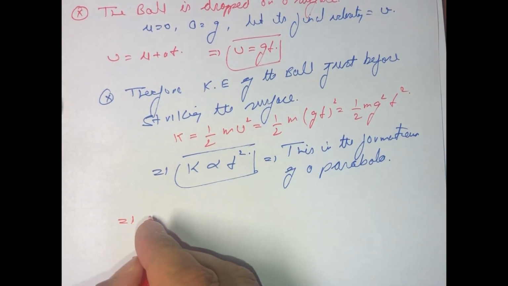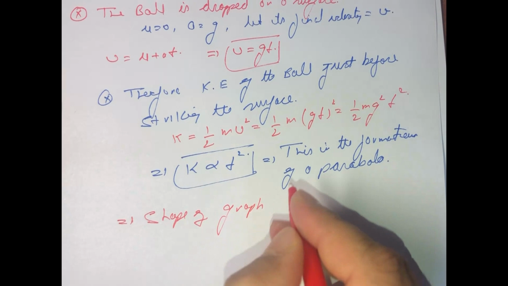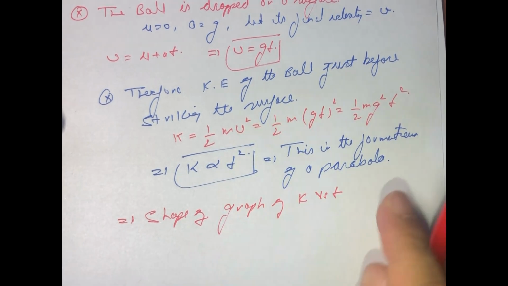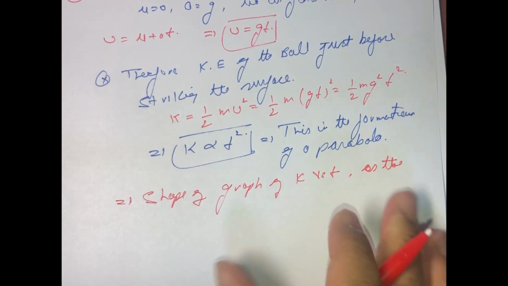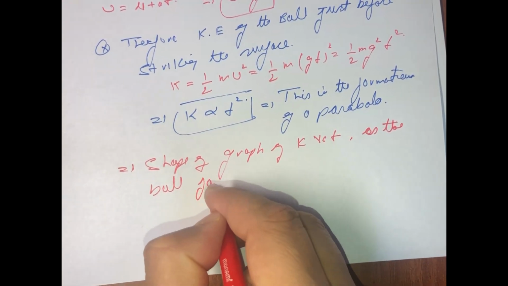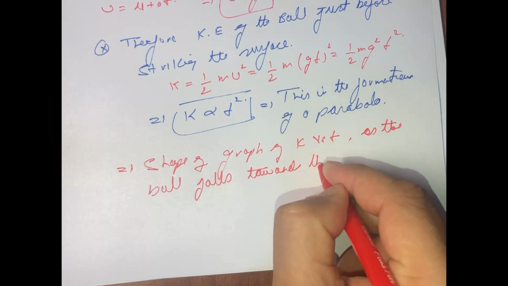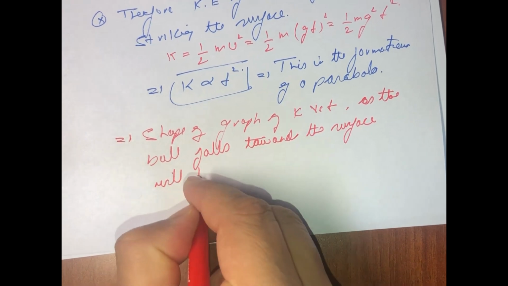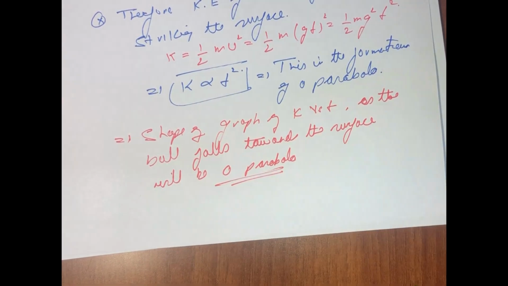You can say the shape of the graph of kinetic energy versus time as the ball falls towards the surface will be a parabola.